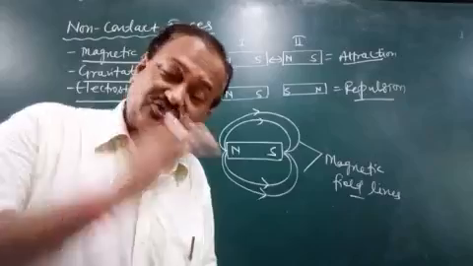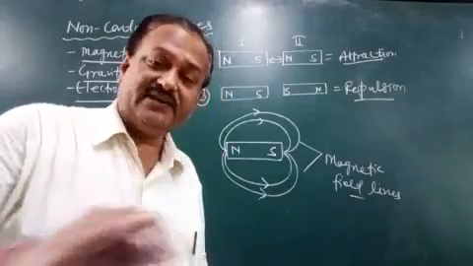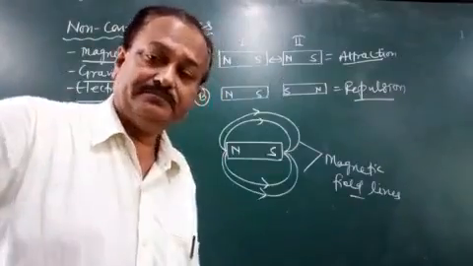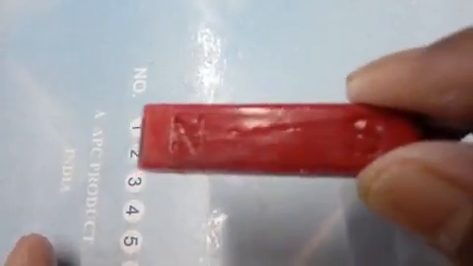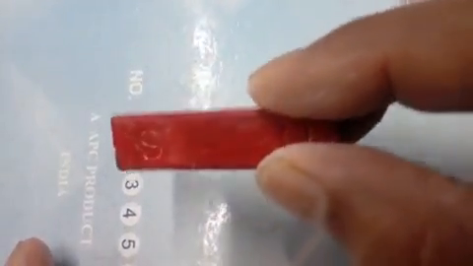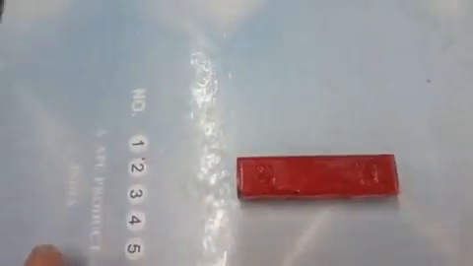I will explain with the help of magnets also after some time. I have taken a magnet, and see here, which pole is this? North pole of the magnet, and this is the south pole. Is that clear? This is one magnet. Now I have taken this another magnet.